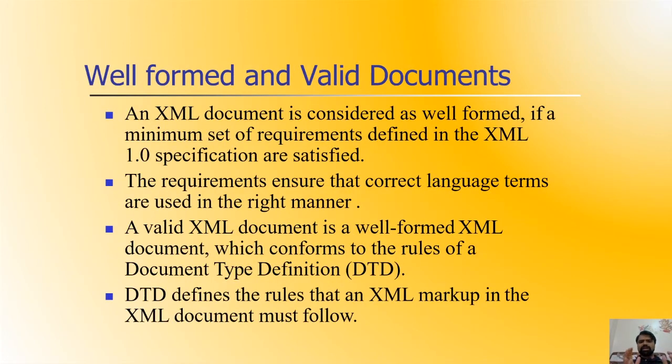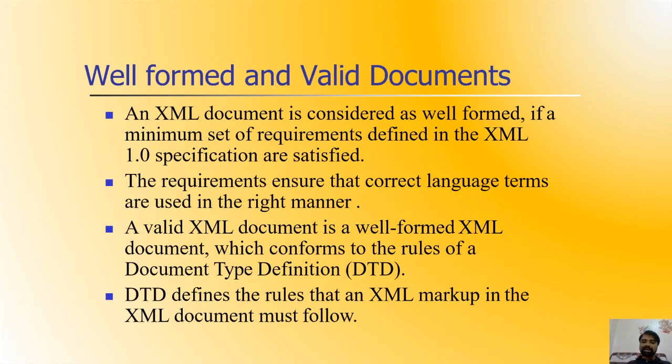Well-formed and valid documents. Let's see how to form a well-formed XML document. An XML document is considered well-formed if a minimum set of requirements defined in the XML 1.0 specification is satisfied. The requirements ensure that correct language terms are used in the right manner.